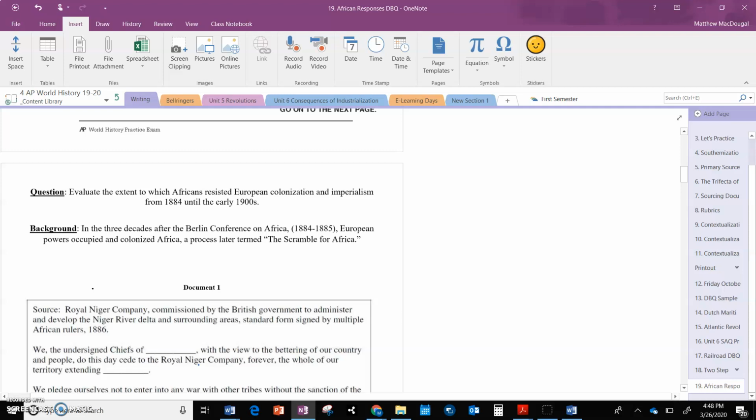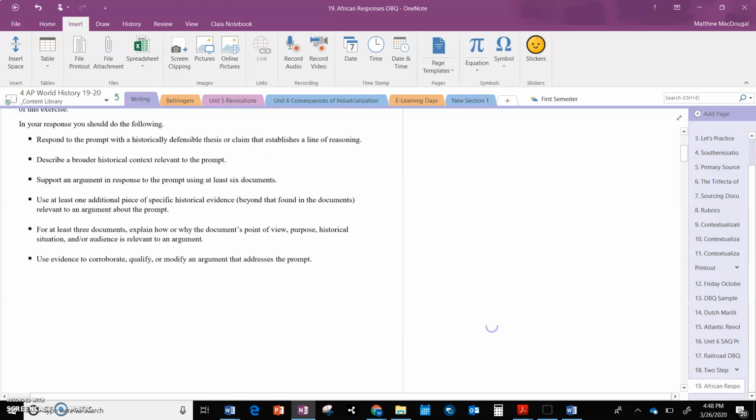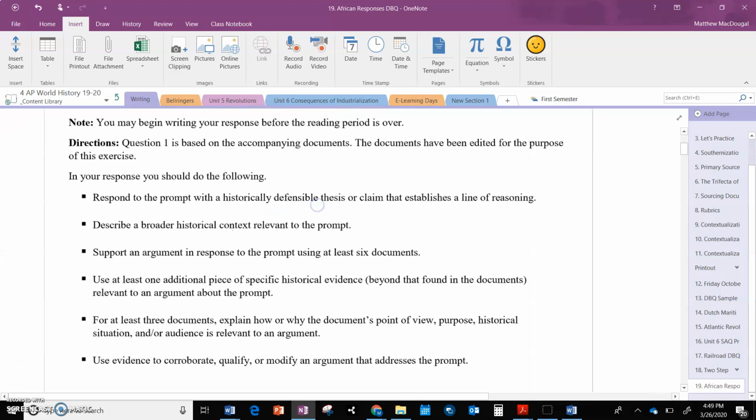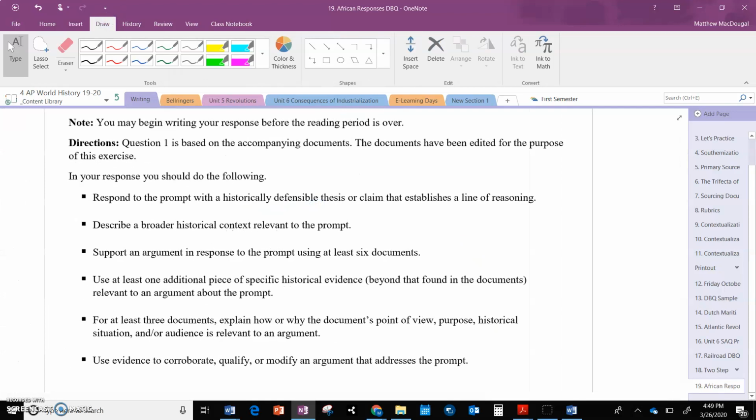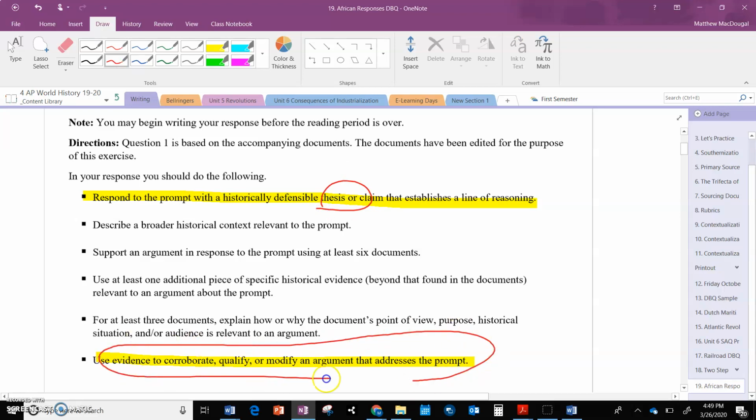But for our purposes, if you're struggling with the DBQ, the skills that you need to practice are making sure you know how to write a thesis and that you can use evidence to make an argument. Those are the two things you're trying to do. Can you come up with an argument, that's your thesis, that responds to the prompt, and then can you use evidence to support it? That's it.